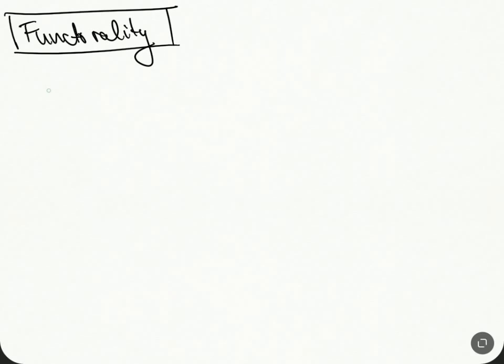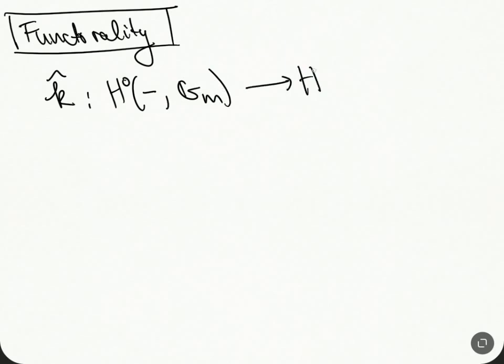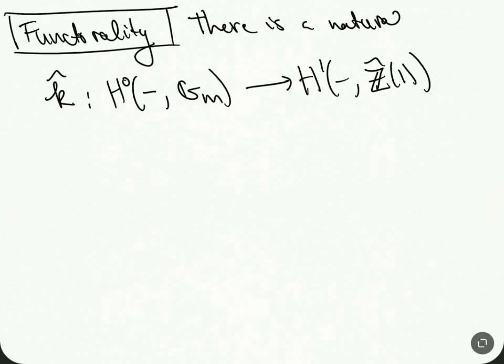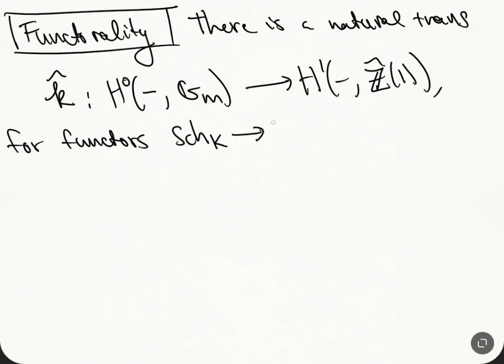We have a functor kappa from GM to Z hat 1, so it's a natural transformation of functors from schemes over K to abelian groups. Both of these are schemes over K to abelian groups.